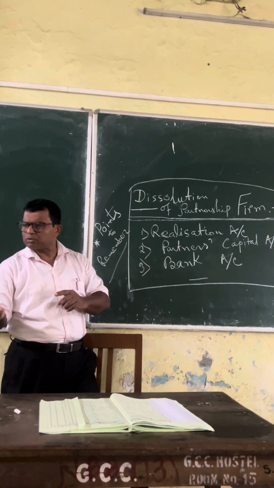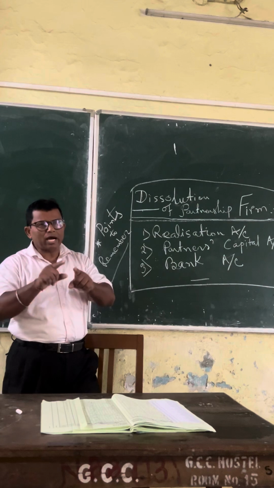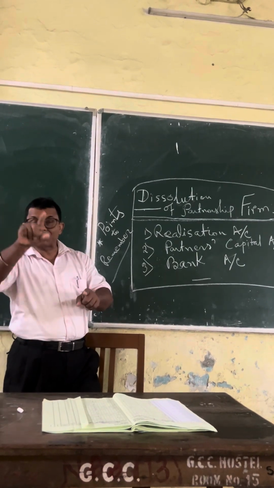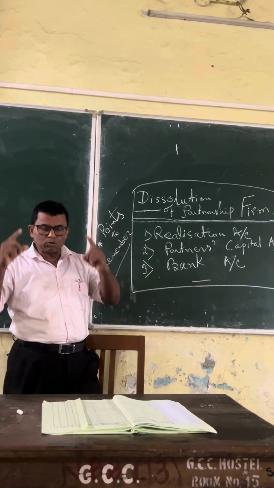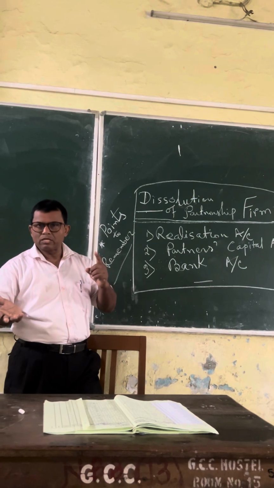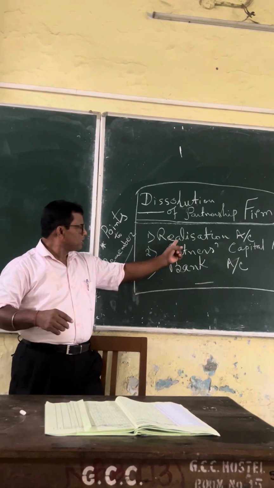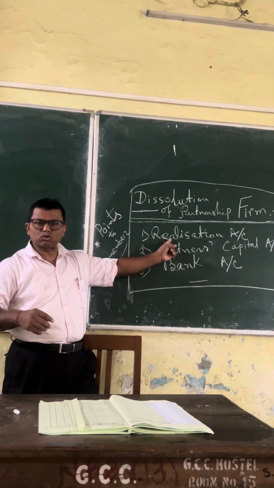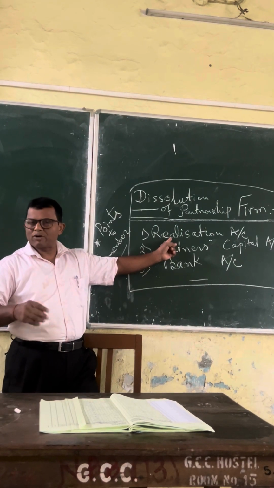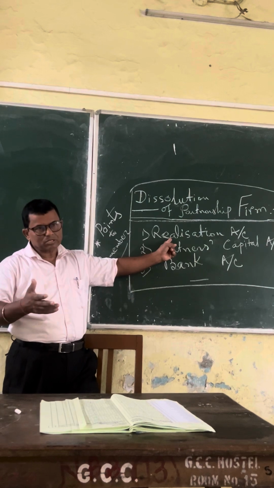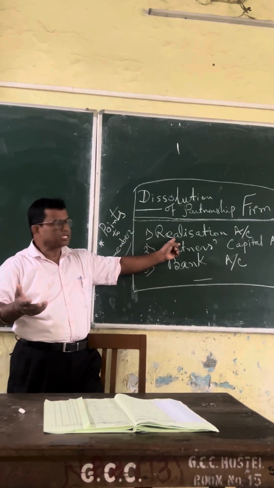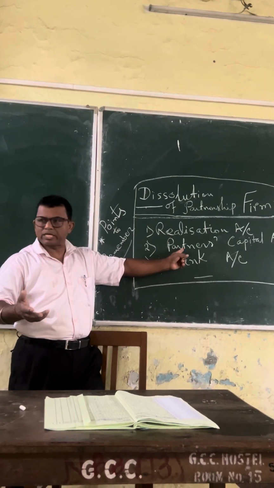These are the journal entries. If you know the journal, you can make the ledger. Sometimes journal entries also come in the exam. But you have to know the concept, then you can pass the journal. If you know the journal, you can make all these ledgers. Ultimately, in the realization account, the difference between the two sides will be profit or loss. If the left side is less, it is profit, to share of profit, and then the profit will go to the partners' capital credit side.